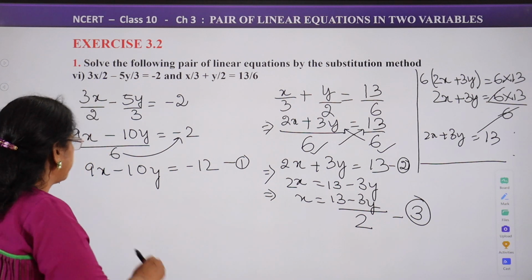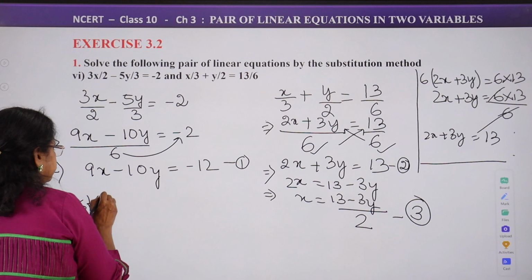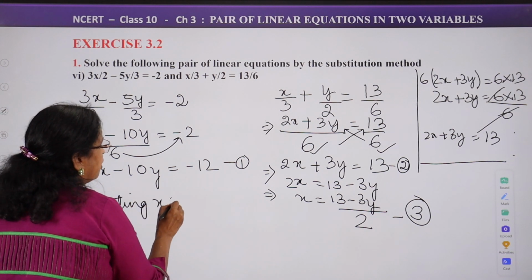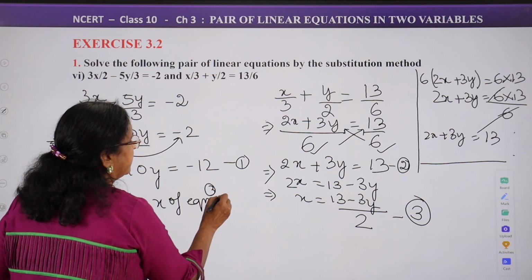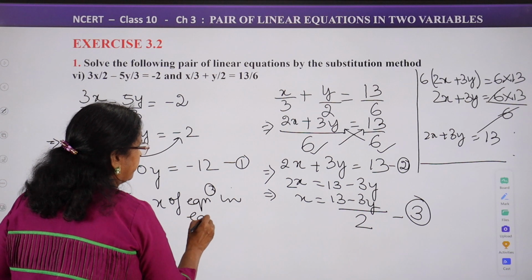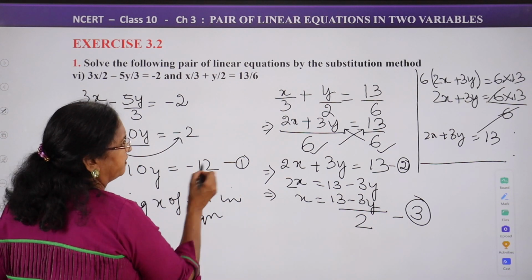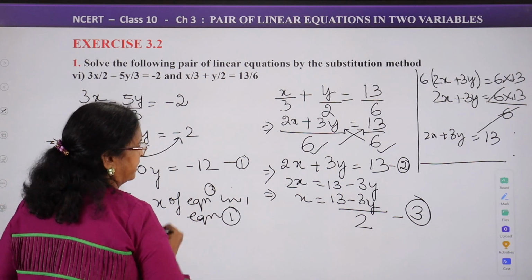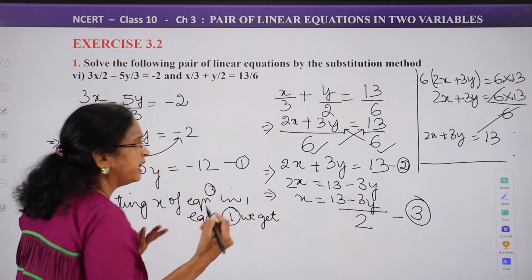Alright. Equation 3. Now, substitution method. Write the substitution process. Substituting x of equation 3 in equation, now we took 2, so we will take 1. In equation 1, we get, what do we get?